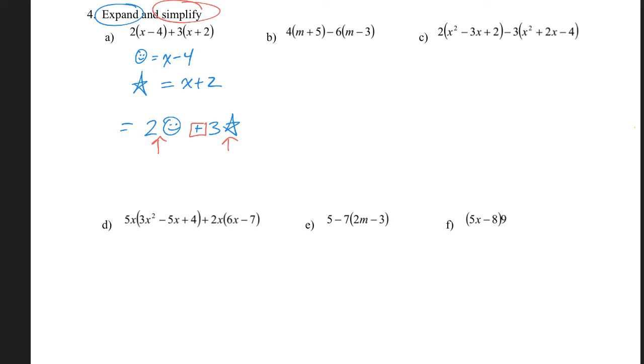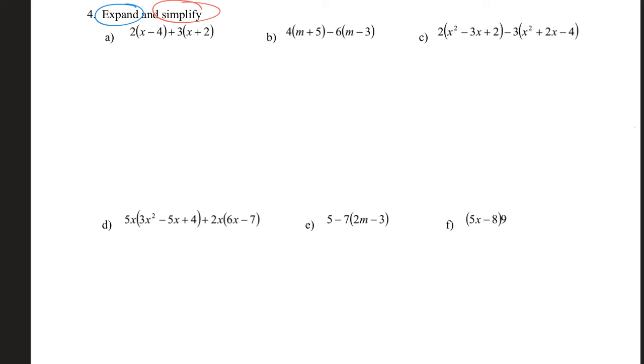So which one of those operations do you have to do first? Multiply or add? Multiply. So I'm not asking you to do anything that you would not have done in grade 6 with question A. But it just looks different because we're now making those somethings a little bit uglier. So the faster we can start to read question A as 2 times something plus 3 times something, the better.